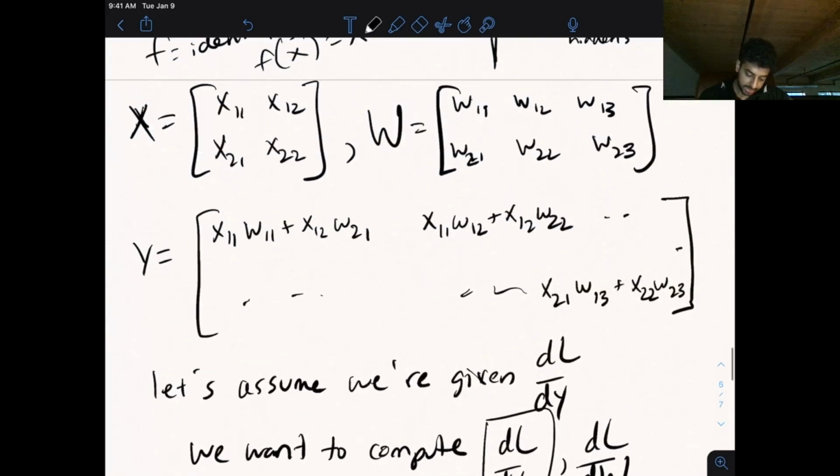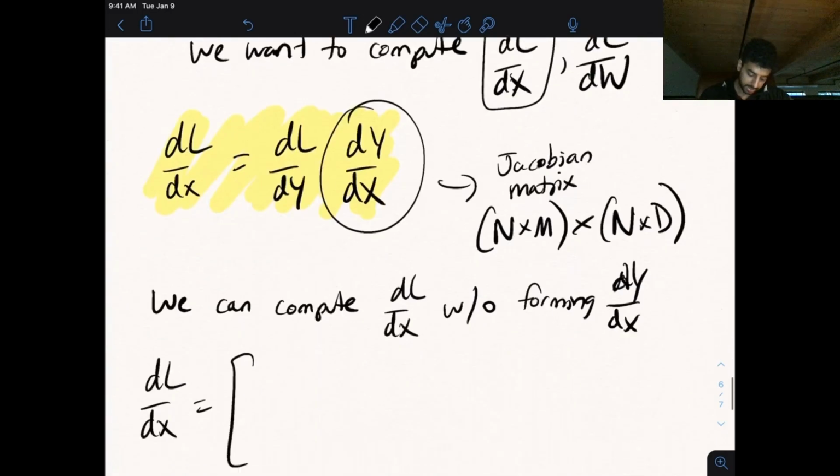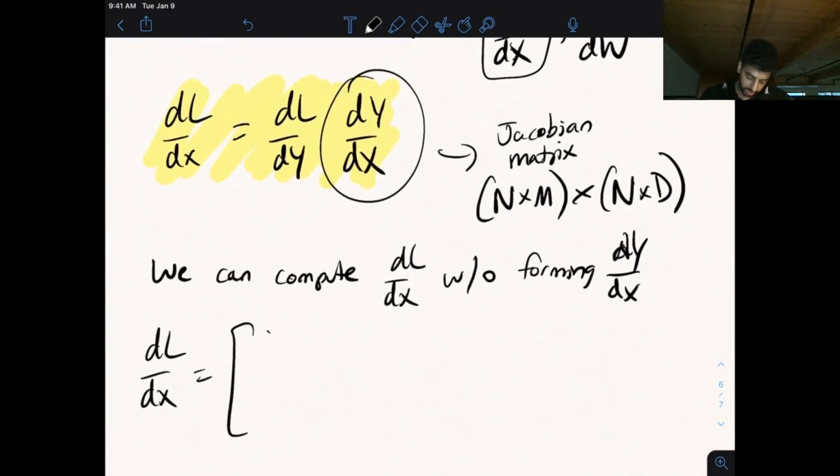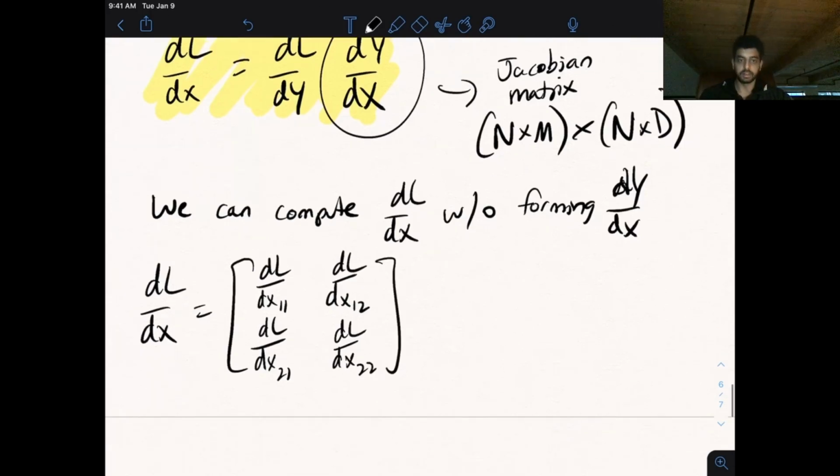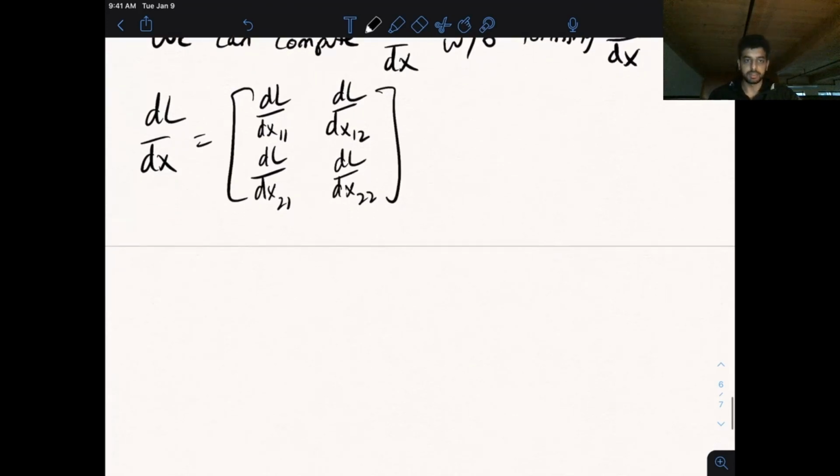Since x here is a 2 by 2 matrix, dl dx is also going to be a 2 by 2 matrix, and we can explicitly represent each element of this matrix with these scalars, dl dx11, dl dx12, and so on. So we're interested in computing these four elements, and let's look at what actually happens if you individually compute each of these four numbers.